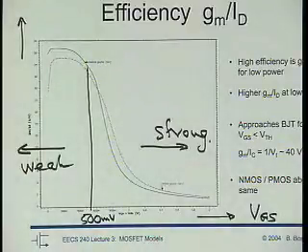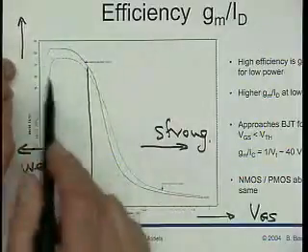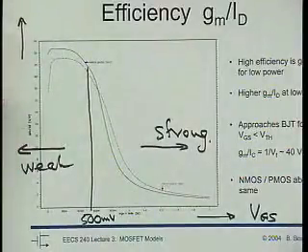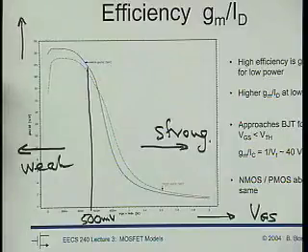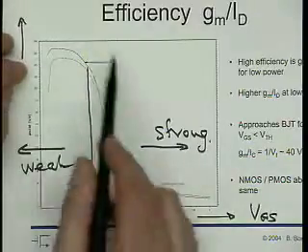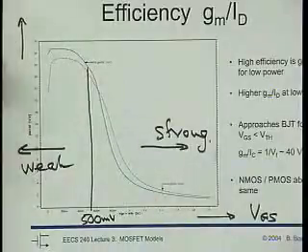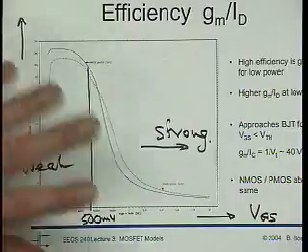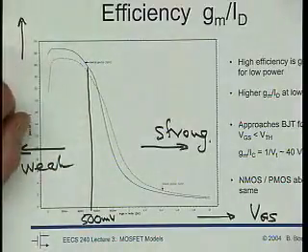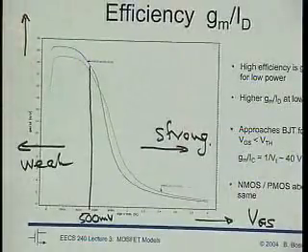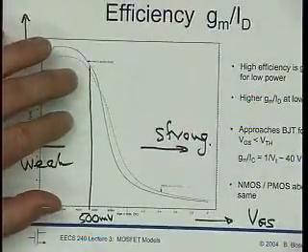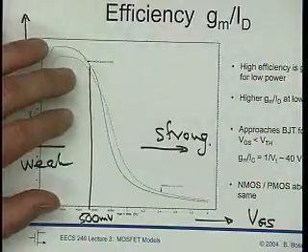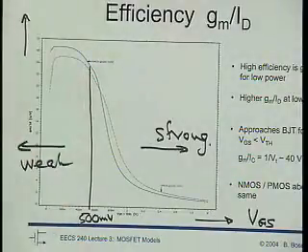So now we also can understand why, if we can afford it, we're going to run our devices kind of close to weak inversion or even in weak inversion. Now, of course, there's got to be a penalty to running them way down in weak inversion. We've seen already CGS gets a little bit large, and we'll capture that also in a slightly improved graph over this. But to a good extent, it's good to make VGS small. It's good to get close to weak inversion if we want high efficiency. And generally, we want that.